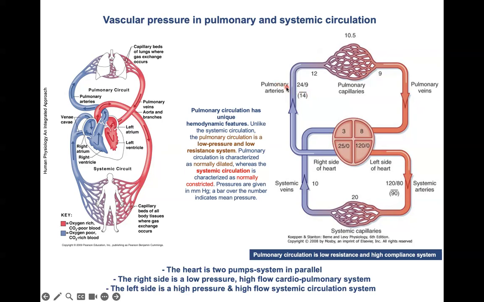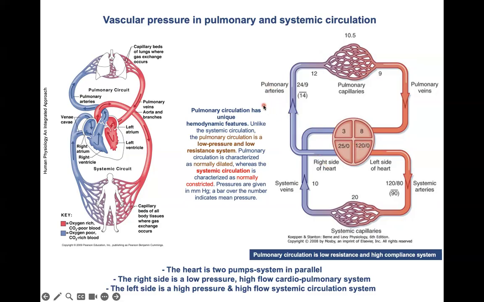Now let's take a look at some pressure values in millimeters of mercury in the pulmonary artery, the right ventricle, and the left ventricle. Physiologically, the pressure inside the pulmonary artery is between 9 and 24, with a mean value of around 14. You can see in the left ventricle, in systole, the pressure can go up to 120, much higher than in the cardiopulmonary circulation.